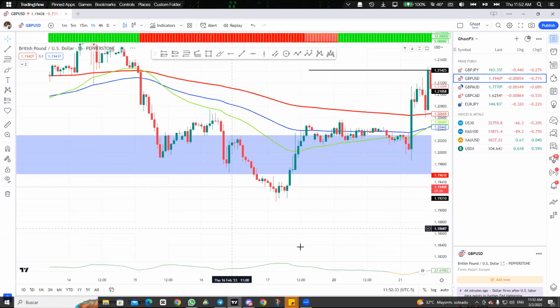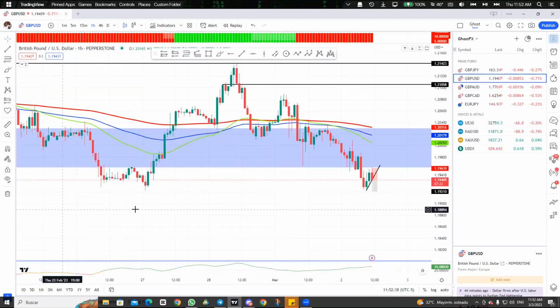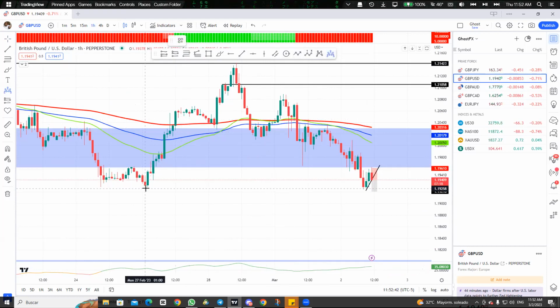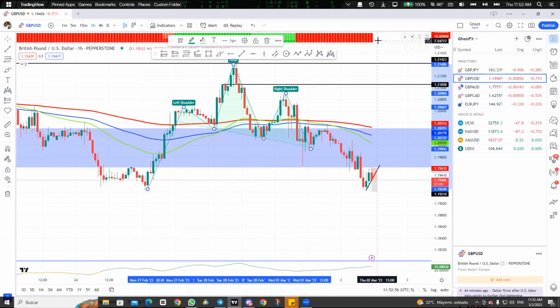Sorry, this is looking like a head and shoulder pattern, right? Yeah, it looks the same, right? Is it? No, not really. Well, it could be. I don't know.